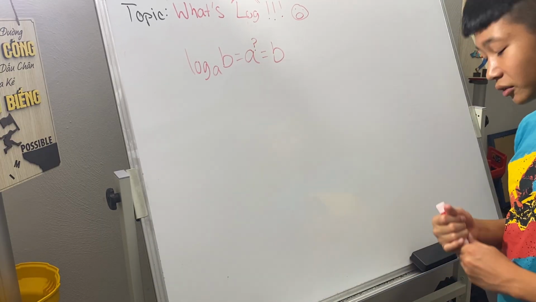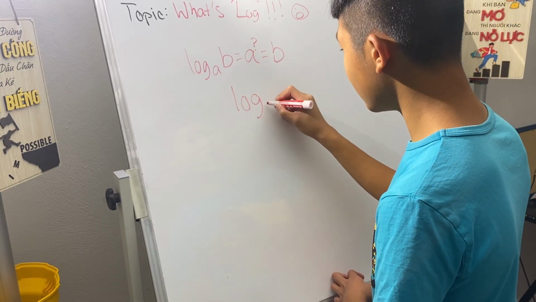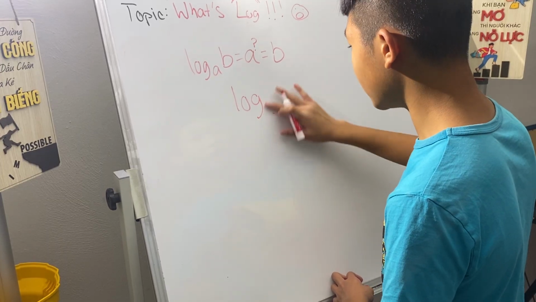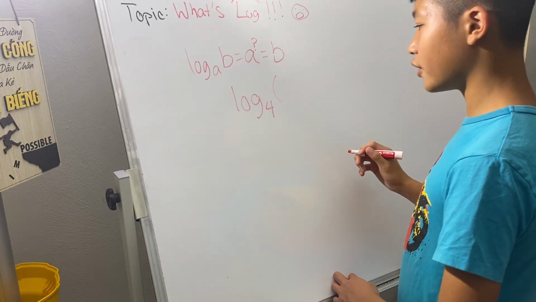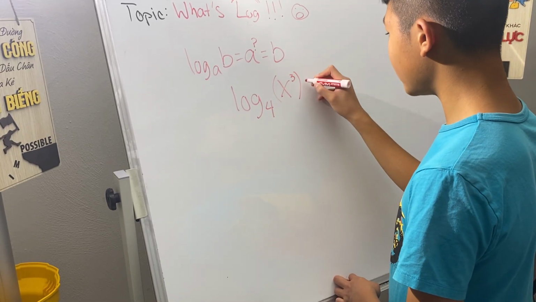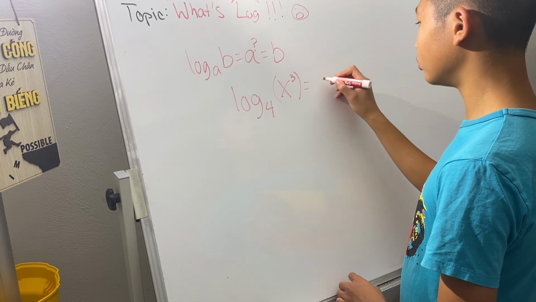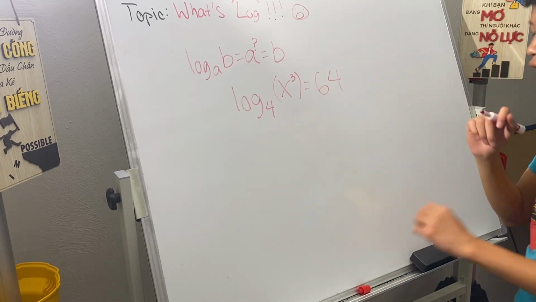Now let's do an equation. Let's say log base 4 of x to the 3rd equals 64. How do we do this?